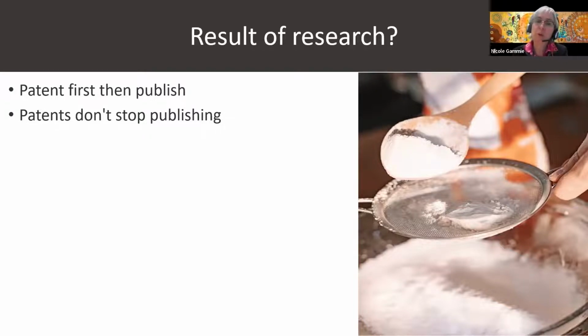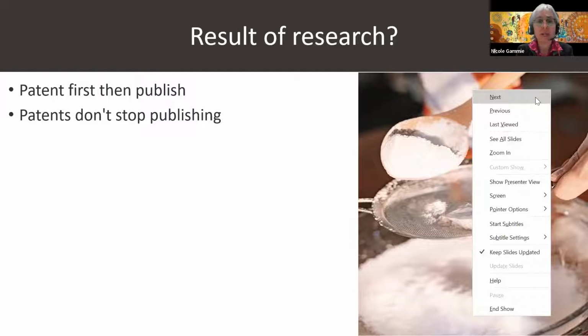Patents themselves won't stop publishing. They're more likely just to delay it rather than anything else. And getting a patent is not necessarily a quick process and is very much a legal process. So you do need to make sure that you get good advice and good information about doing that. There's plenty of information about that sort of thing on the IP Australia website.